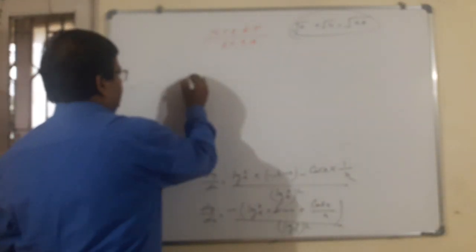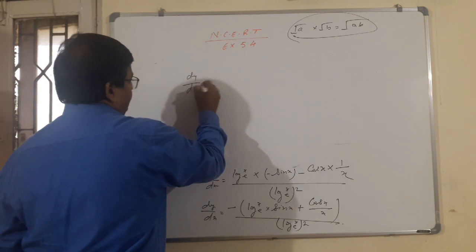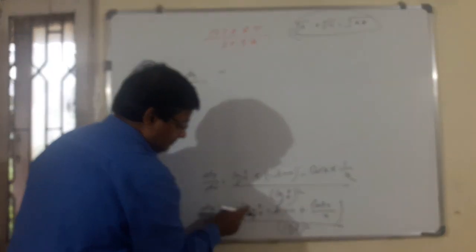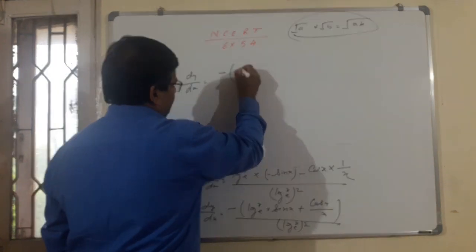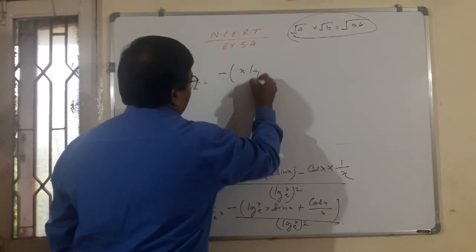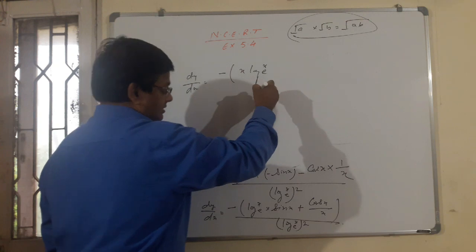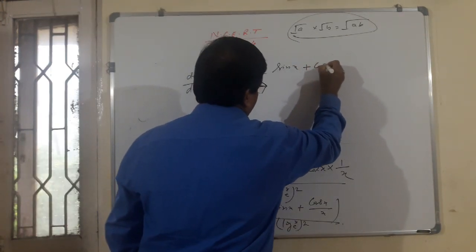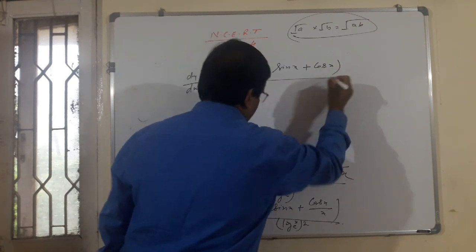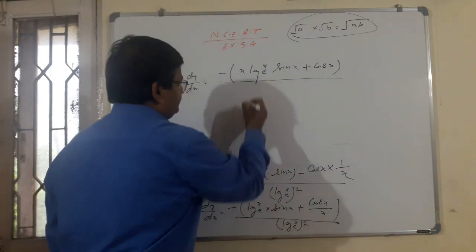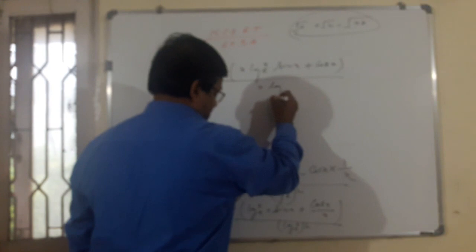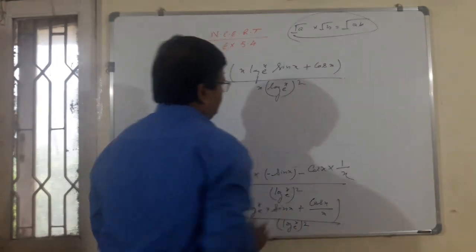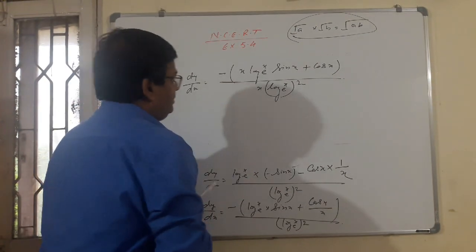So dy by dx is equal to minus, taking LCM, x is multiplied: x log x to the base e into sin x plus cos x, divided by x log x to the base e whole square. This is your dy by dx.